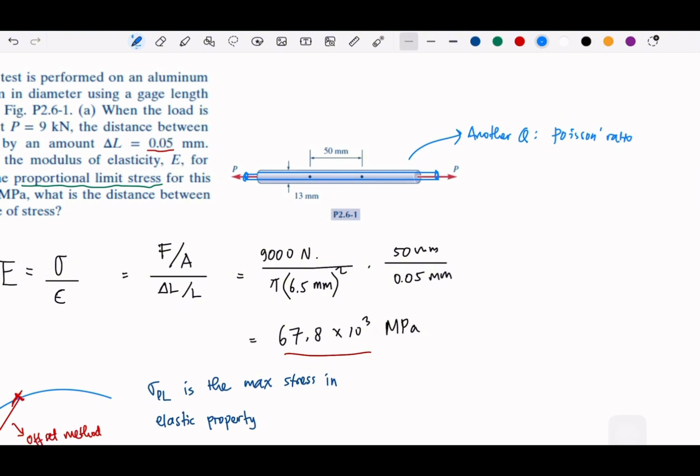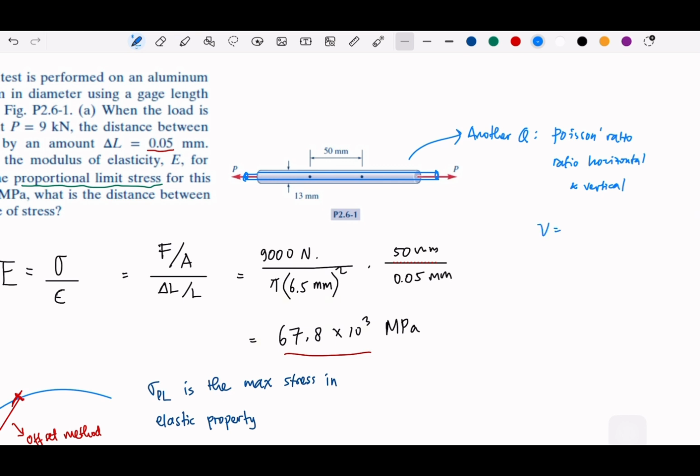So you have the ratio, the longitudinal, or if you prefer, horizontal and vertical. Vertical or radial, because it's a rod, things should be okay.